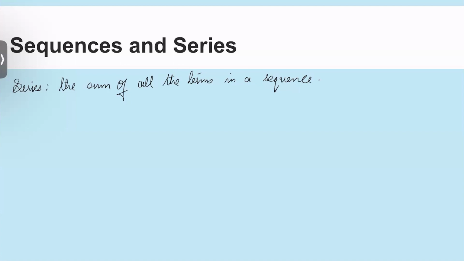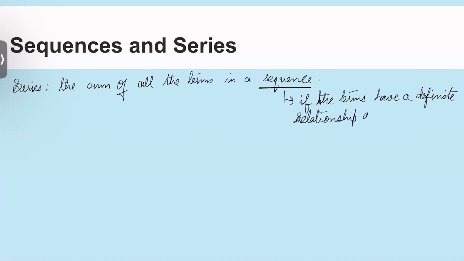But a sequence can give a series only if the terms have a definite relationship among them.